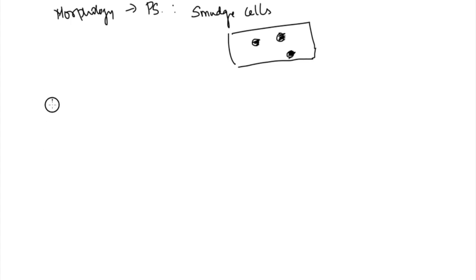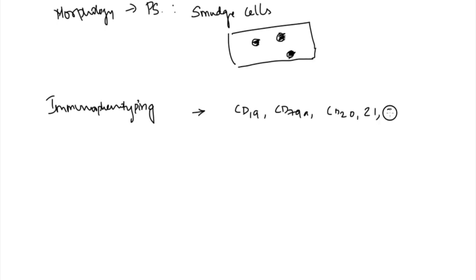Next, we will do the immunophenotyping. Very simple, because it will give you exactly what the tumor is about. Is it the lymphocytes? Is it the myeloblasts? The cell markers for mature B cell were CD19, CD79A, CD20, 21, 22, surface IgM and IgD.